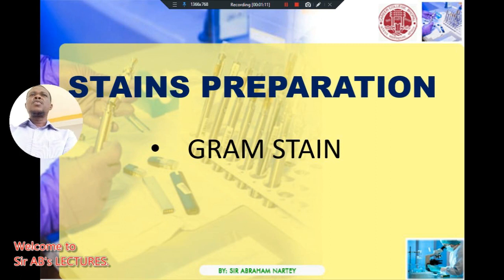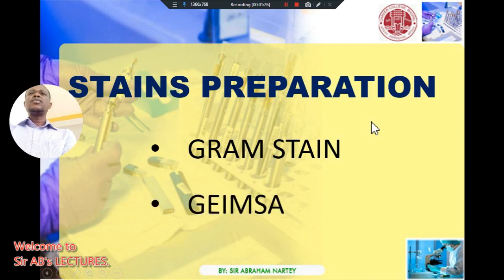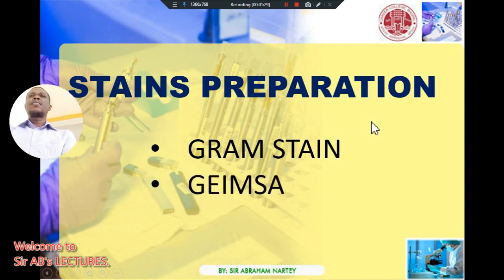So today we want to look at ways we can prepare various things. We shall mainly be considering gram stain, and after that, Giemsa stain. These are the two main stains whose preparation we look at.